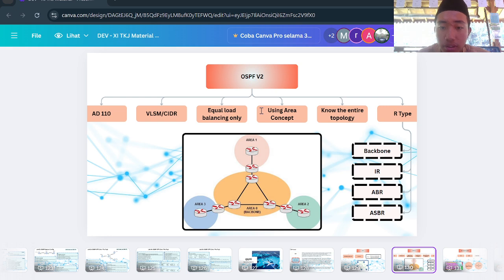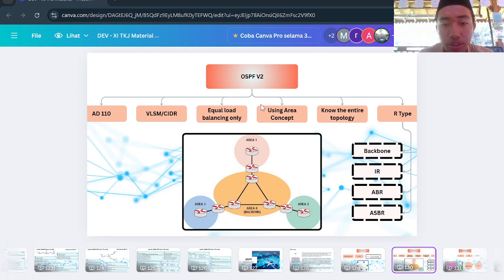The backbone router has at least one interface in area 0, and the backbone is the brain, holding the LSDB, the database for OSPF.